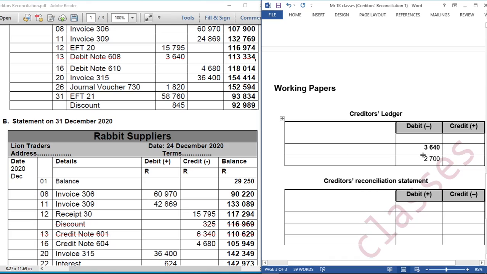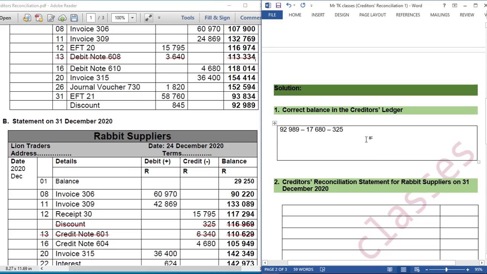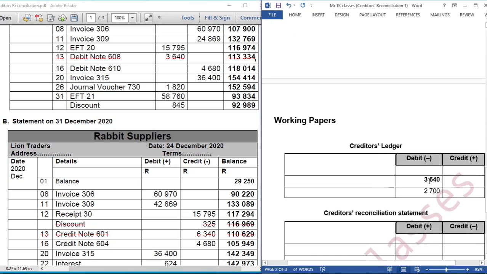So we should record 2,700 under the debit column, right? Which means it is going to be a negative 2,700. Even if you add this one and this one, it is supposed to give you this correct amount.